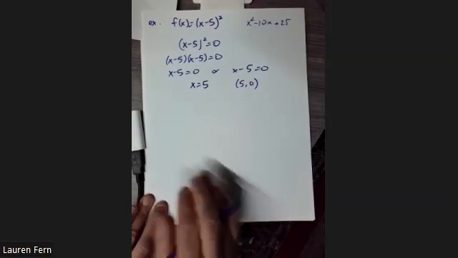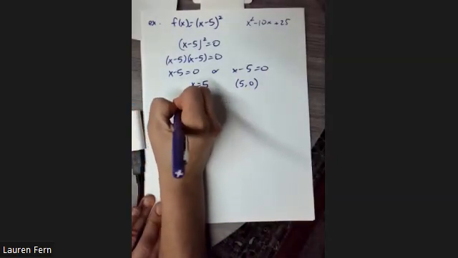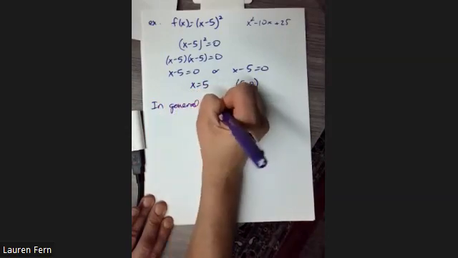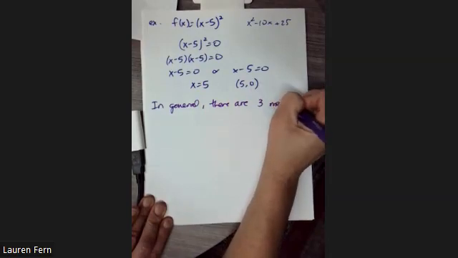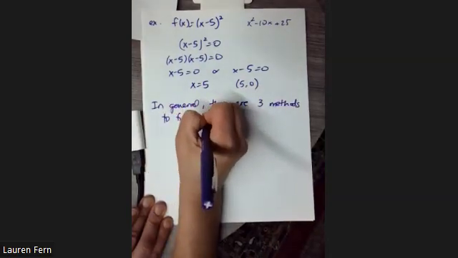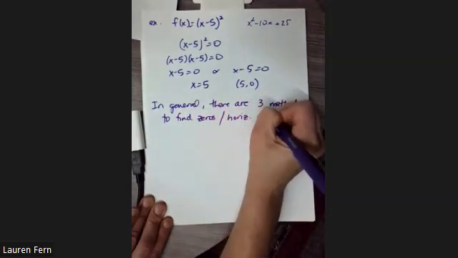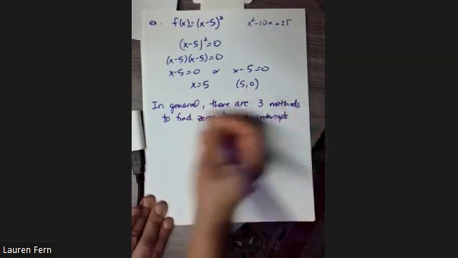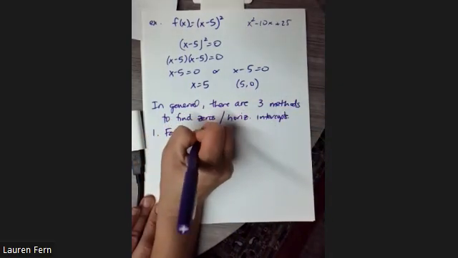Okay? But in general, there are 3 methods to find our zeros or our horizontal intercepts. When it works, this is the cutest.